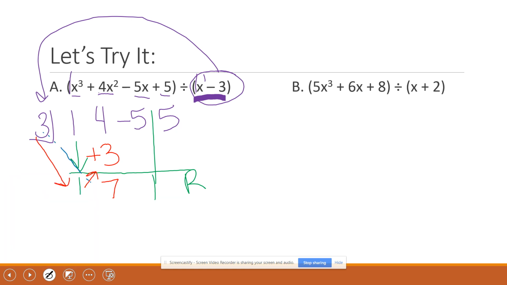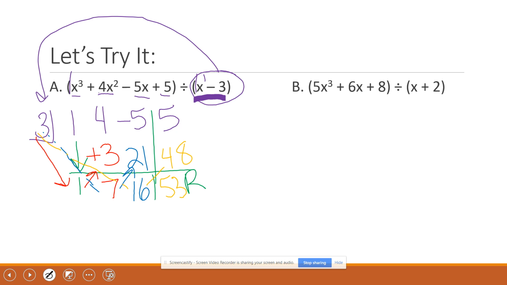Okay, 3 times 7 is 21. Negative 5 plus 21 is 16. 3 times 16 is 48. 5 plus 48 is 53. So we know 53 is going to be our remainder.